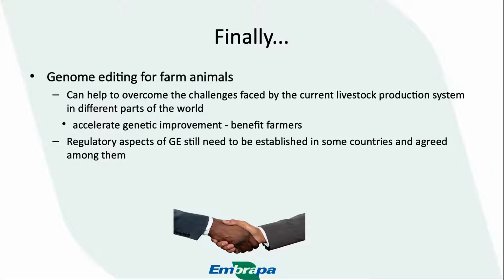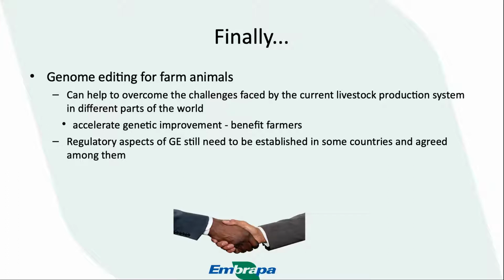But we still have to deal with the regulatory aspects of genome editing. Some countries don't have these regulatory aspects established, so they need to establish them. But more than that, those regulations need to be agreed among countries, so that all of them can benefit from the use of this tool.